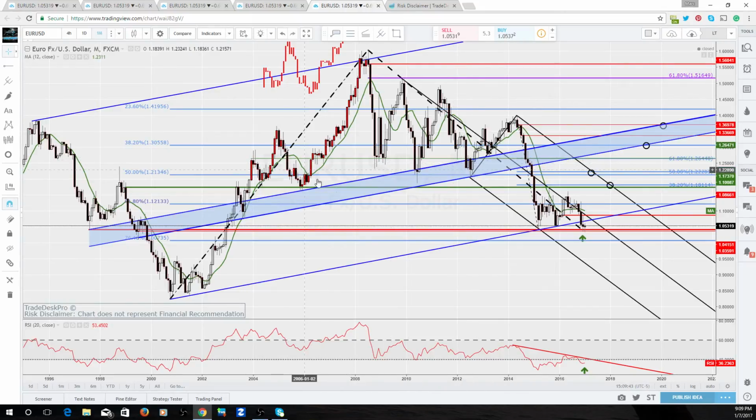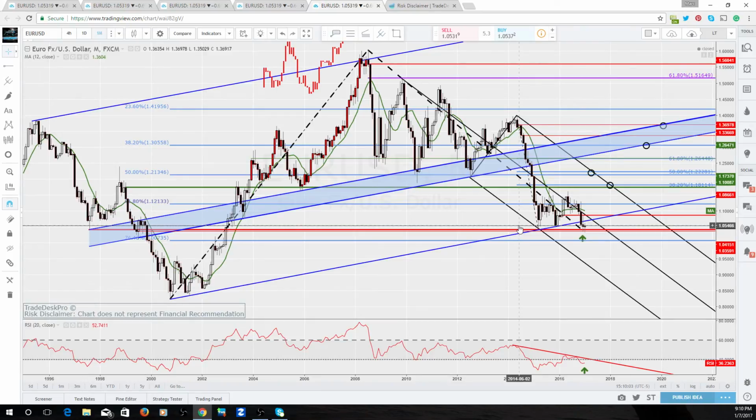If you have several instances where price is respecting that line, then I want it on my chart. Okay, this one is maybe not as important as this one, but anyway.